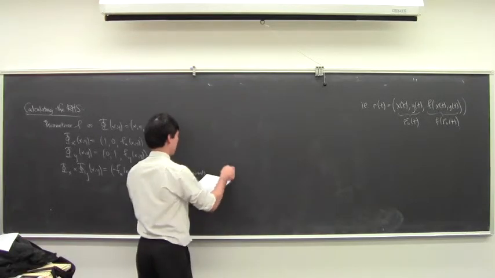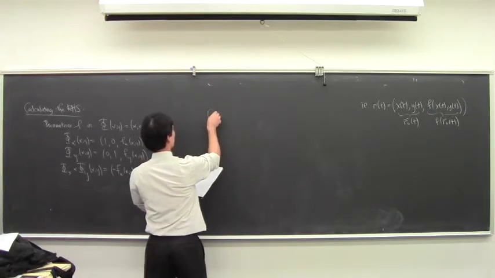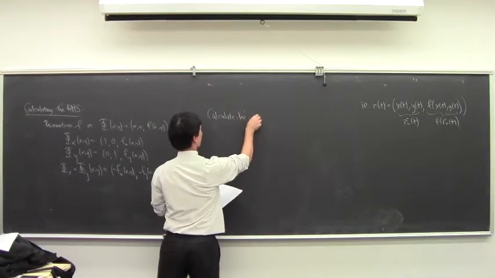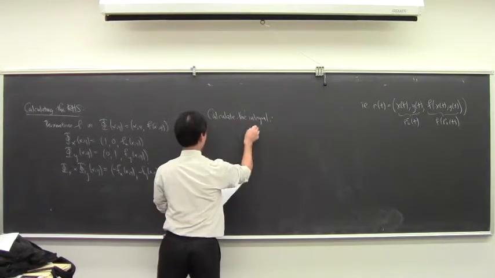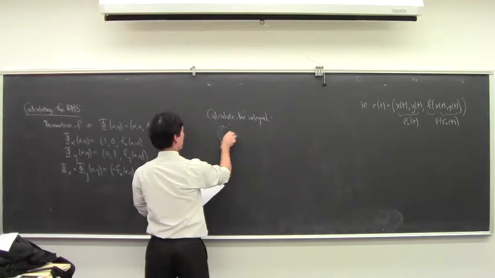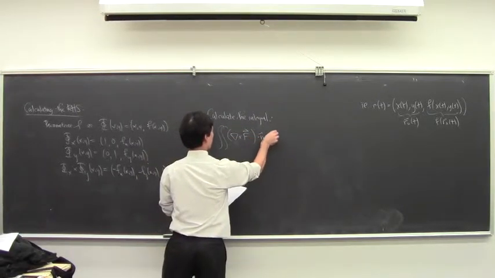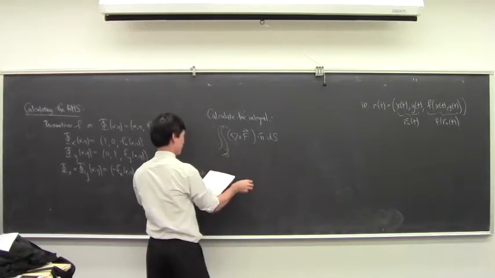Okay, so then we calculate the integral. What do you get? The curl dot the normal vector dS over the surface.